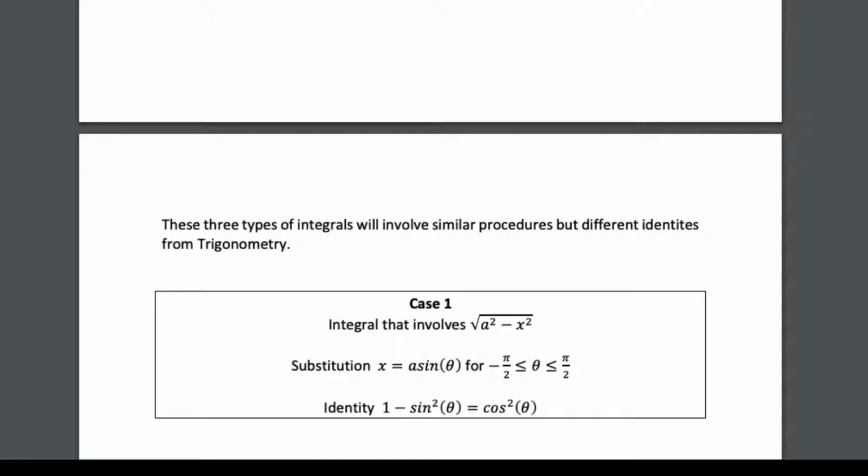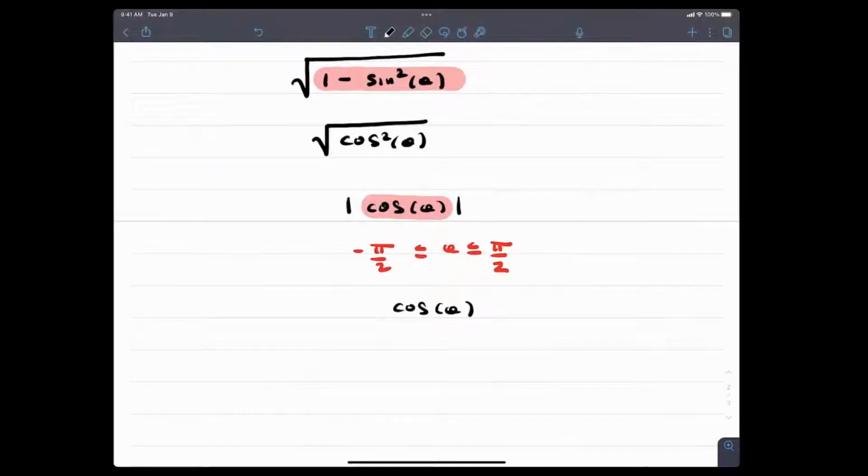Negative pi over 2, right? What do you guys know about the absolute value of cosine theta? See cosine theta, you know what we could do? You could get rid of the what? Absolute value sign. That's going to be strictly what? Cosine theta.